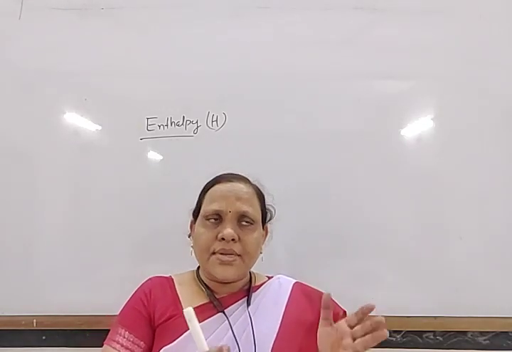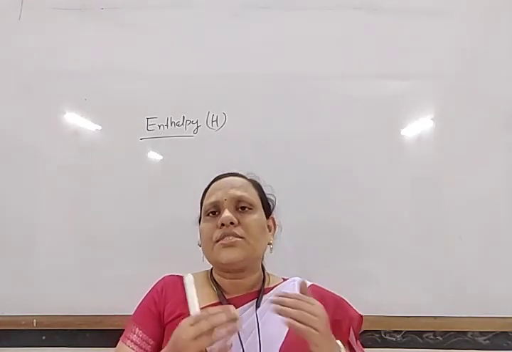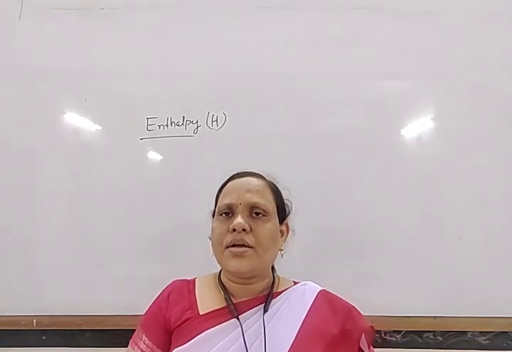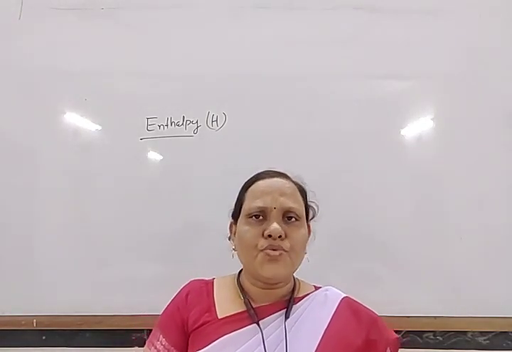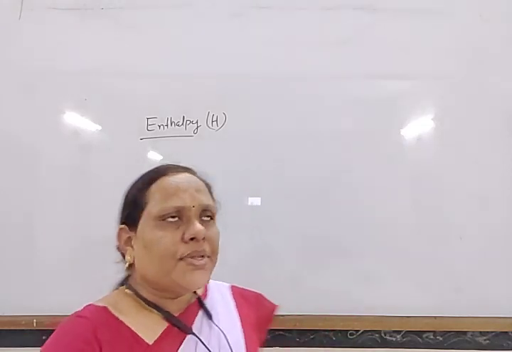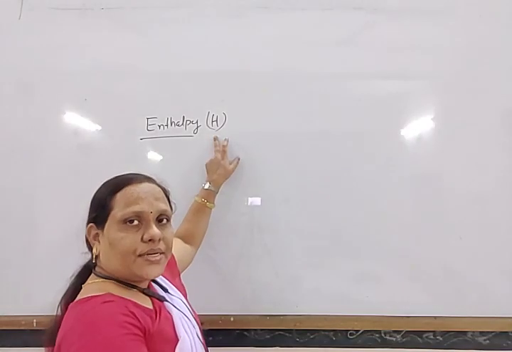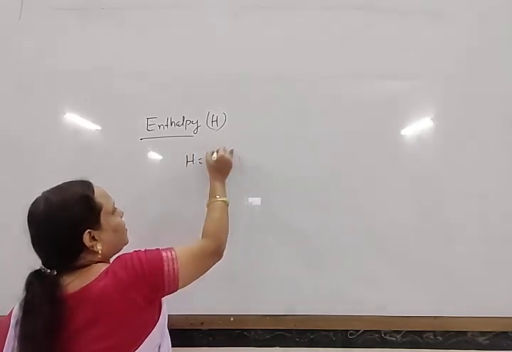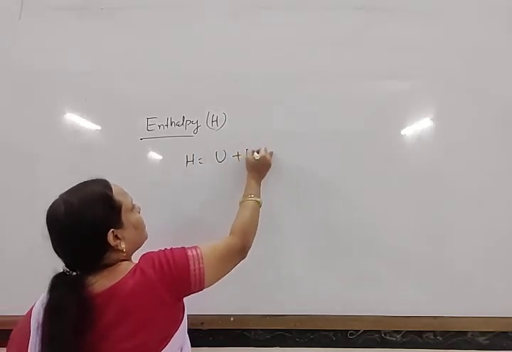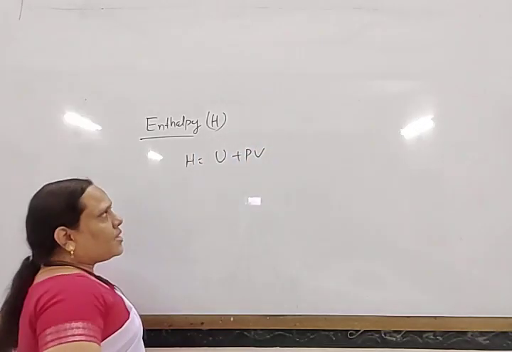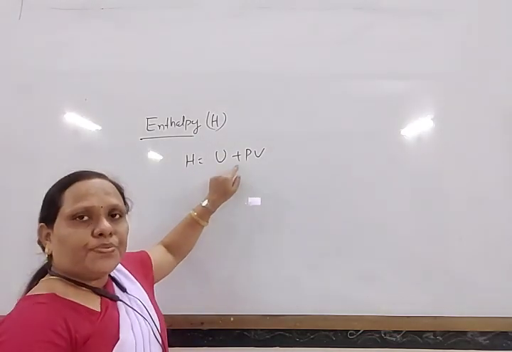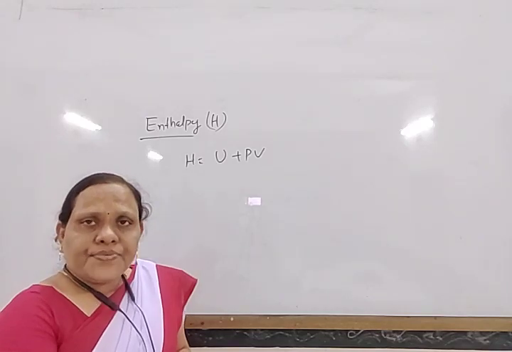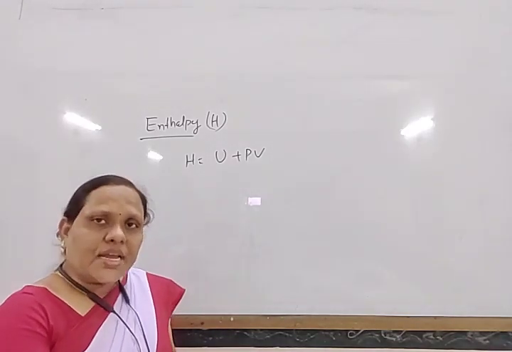It is the sum of the internal energy and some external factors like pressure and volume work. Mathematically it is represented by the letter H, and H is equal to U plus P into V.